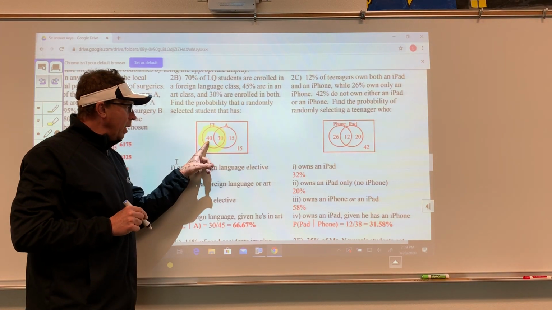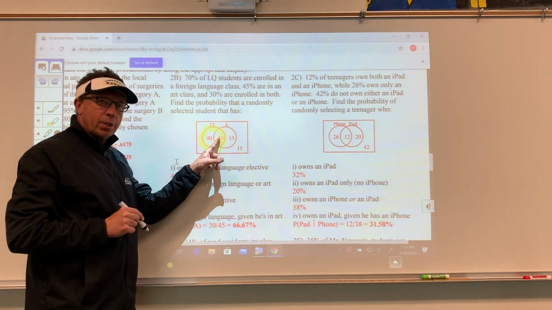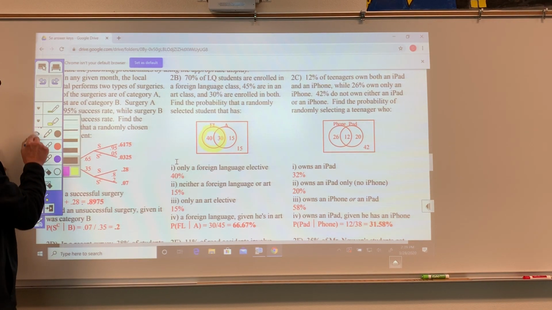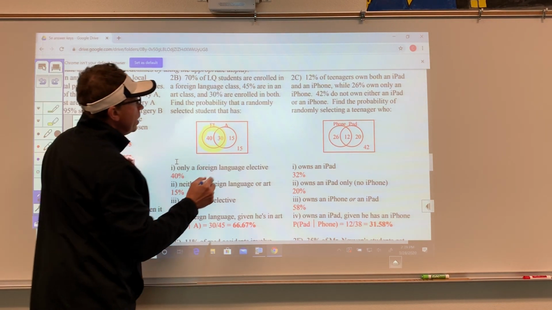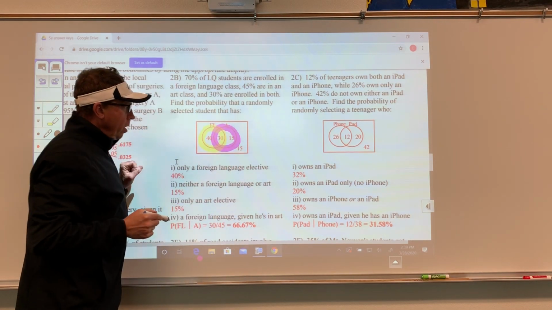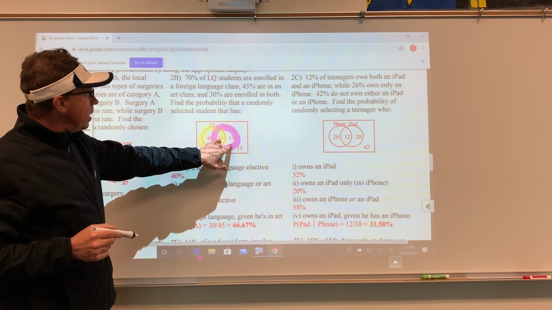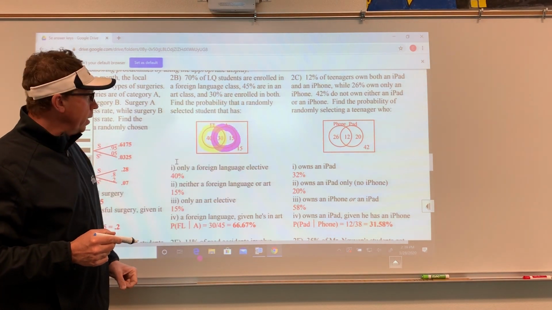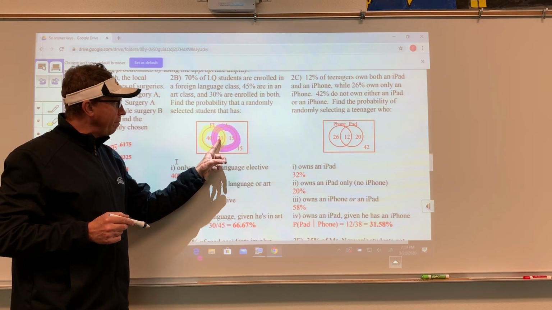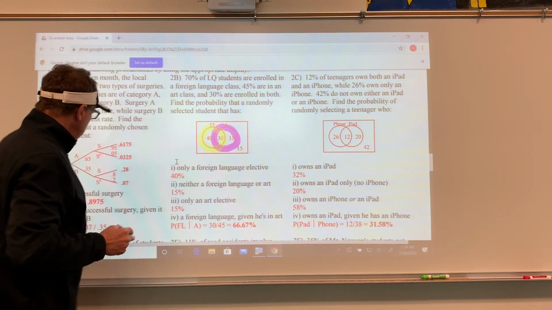So to get 40, I had to go 70 minus 30, okay? And the same can be said for the art class. The art one I'll put here in pink. This entire bubble needs to be 45%. So in order to get the 15%, I have to go 45 minus 30, okay?